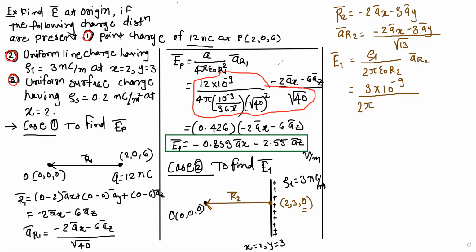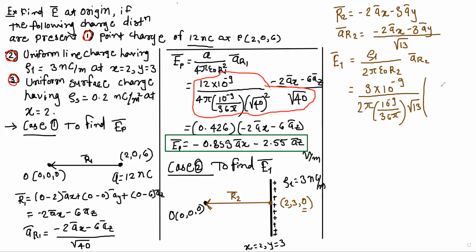Hello. So this is 2 pi. Am I audible? Yes, sir. 2 pi. Epsilon naught value is known, 10 raised to minus 9 divided by 36 pi. Right? And the value of R2 is under root 13 into A bar R. The value of A bar R is known.